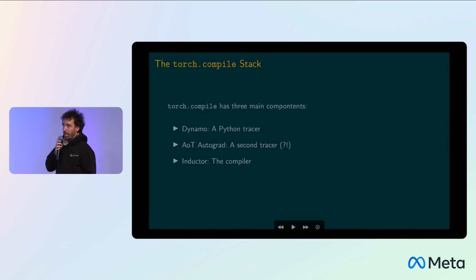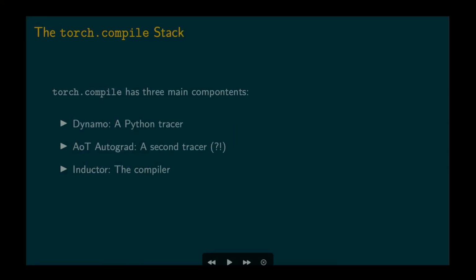So the compile stack. torch.compile has 3 parts. Dynamo, which is a Python tracer. Then there is a second tracer, not a Python tracer, that is called AOT Autograd. That is short for ahead of time autograd. And then there's the actual compiler, Inductor.